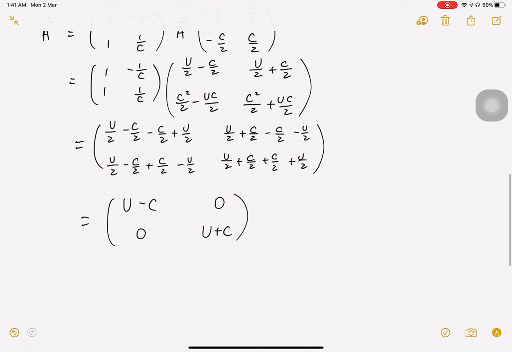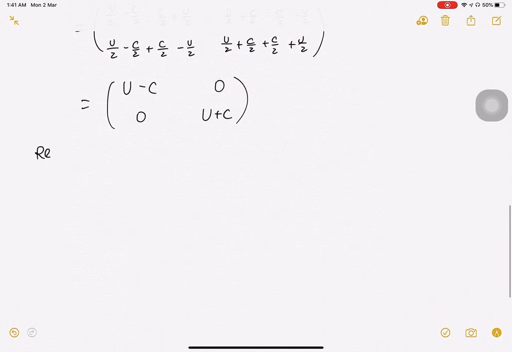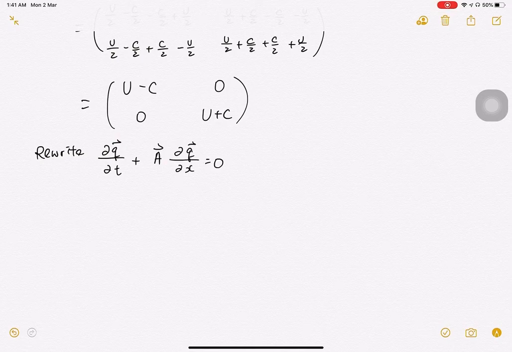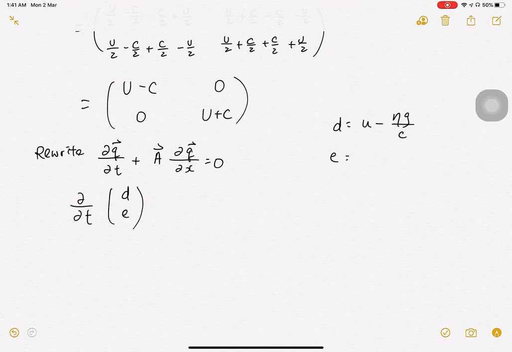Right? So now we can rewrite the equation. Okay, so we rewrite this equation by d and e. What is d? D is u minus eta g over c, and e is u plus eta g over c.